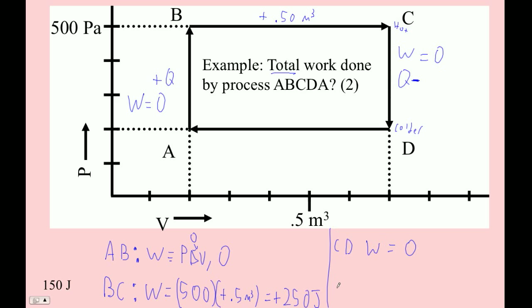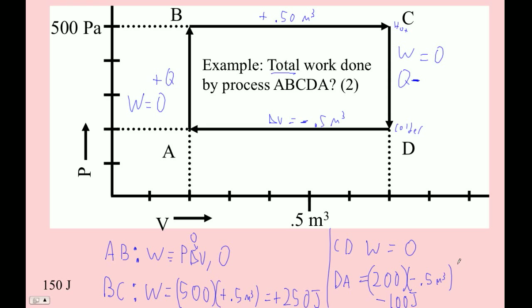And then process DA, the pressure now is 200, and the change in volume is negative. This change in volume is negative 0.5 cubic meters, and that is, what is that, negative 100.